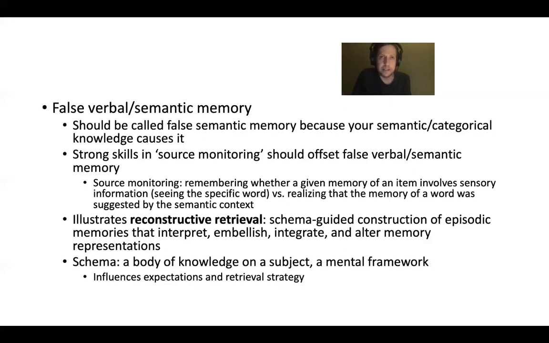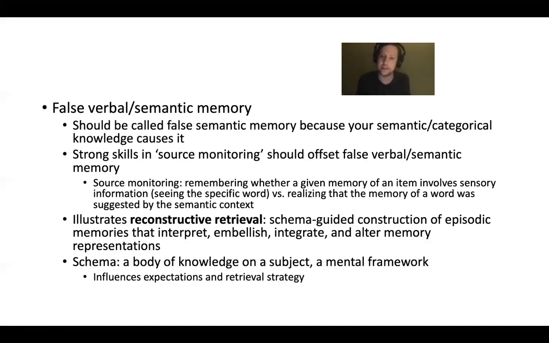Or am I believing that I saw that word because it was implied by the semantic or conceptual relationships of the words in each list? So source monitoring requires you to retrospectively evaluate: did I actually see it with my own eyes, or was it implied semantically? That's what source monitoring is.